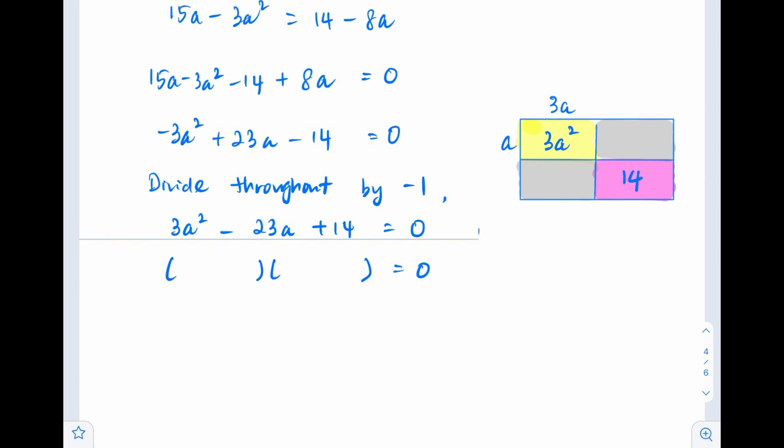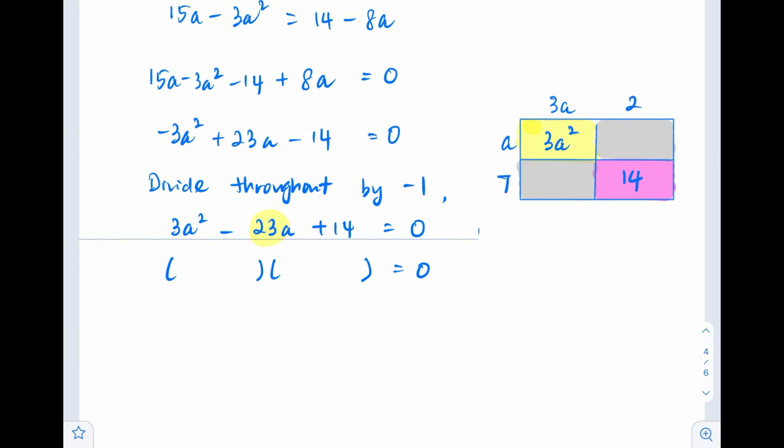But we need to remember that we want to get negative 23a as the sum in our grey boxes. So let's try some intelligent guessing of factors. I would think that we should have 7 and then 2.